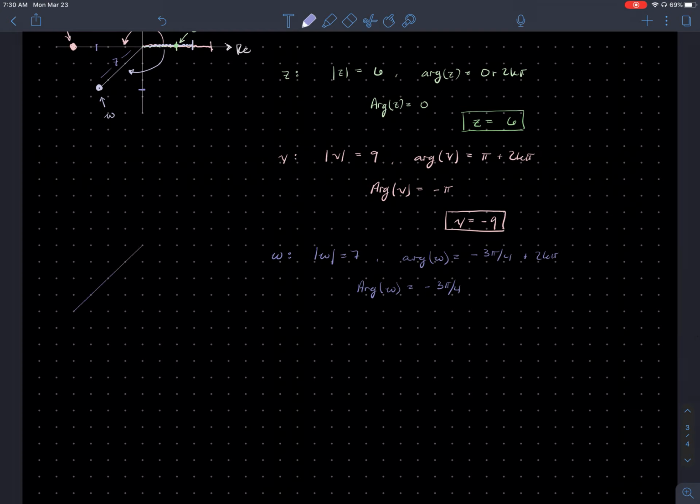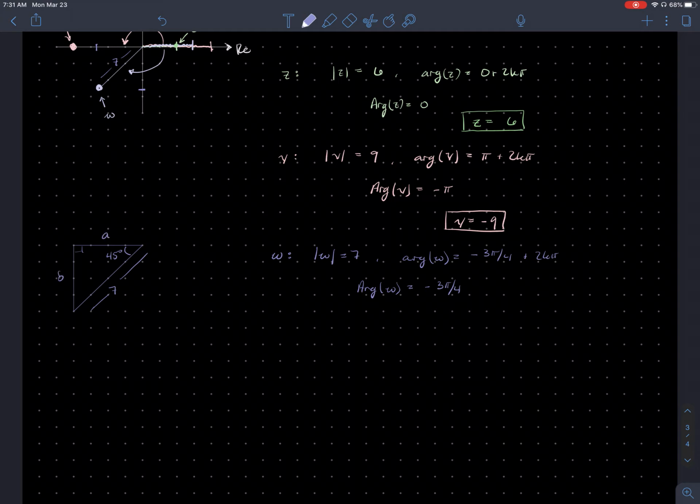We could draw a triangle here where we know that this angle is some 45-degree angle, and we have 7 for our hypotenuse. We want to know what our A and our B are.